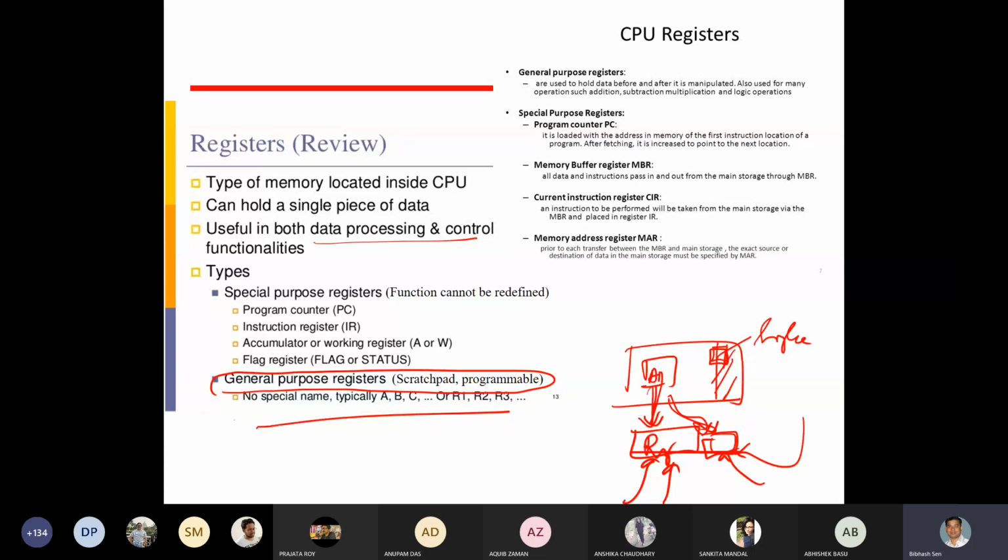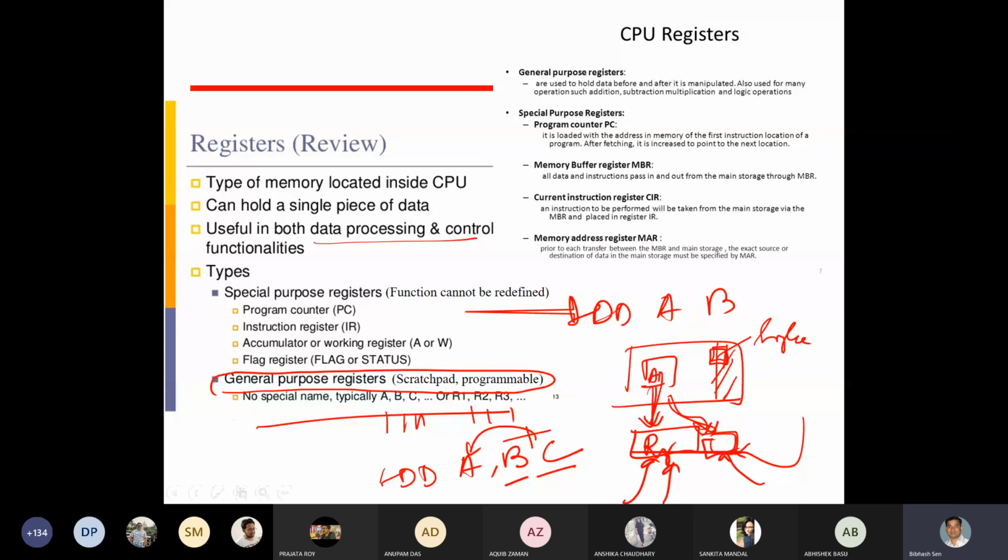And these are the special registers. At an abstract level we call them A, B, C, or sometimes R1, R2. If I write the instruction add A, B, C, it means B and C will be added and the result stored in A. If I write add A, B, it means A plus B will be loaded into A. In the case of add A, B, first you have to load the value A, load the value B, then perform the addition.